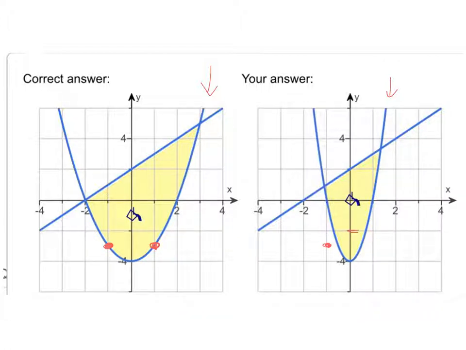So this is really -2, and so -3 would be the halfway point. So we would have 2 points here, and then you would graph your parabola.